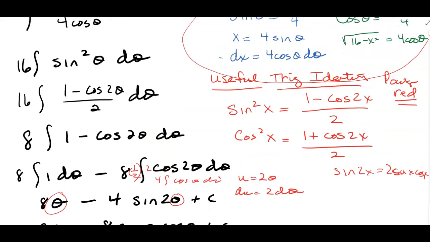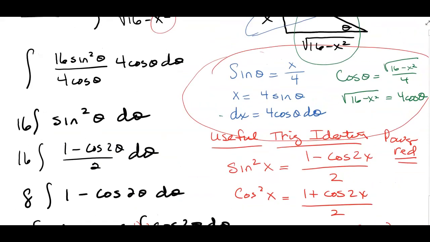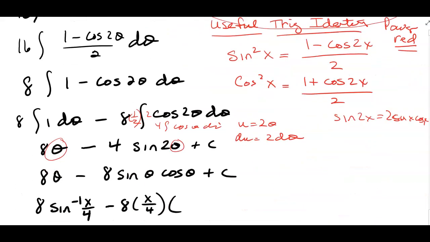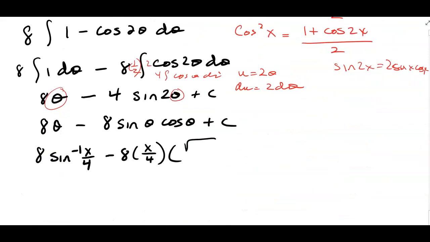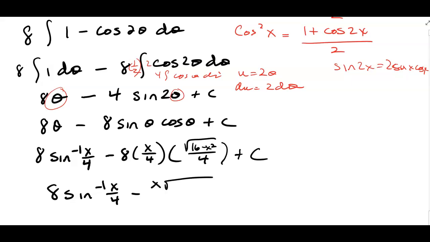Cosine theta, if you come back up here, is your radical 16 minus x squared over 4. You can clean that up a little bit. It's 8 sine inverse of x over 4 minus 4 times 4 is 16 times 8 is 2, so it's x radical 16 minus x squared over 2 plus c.